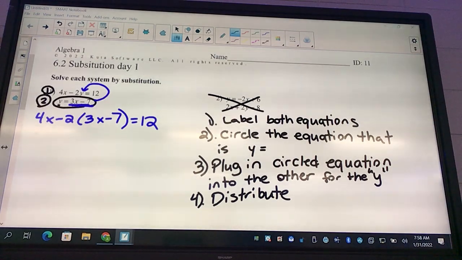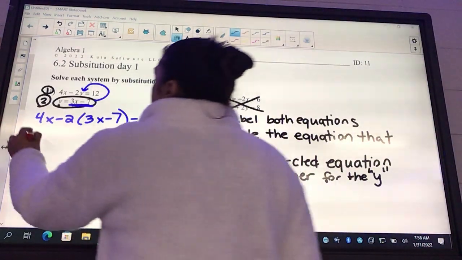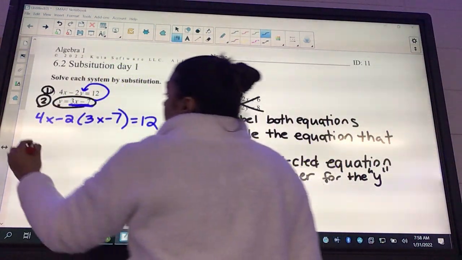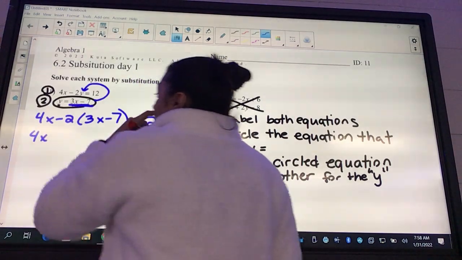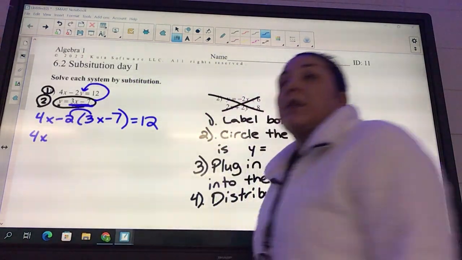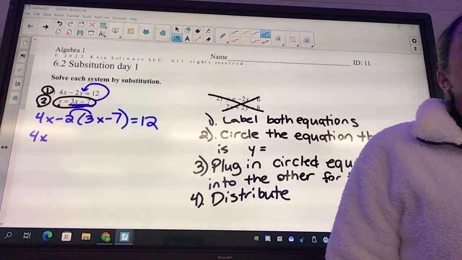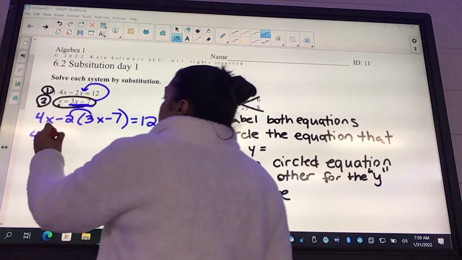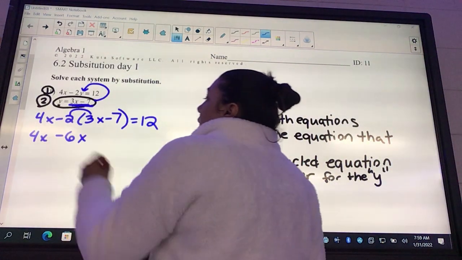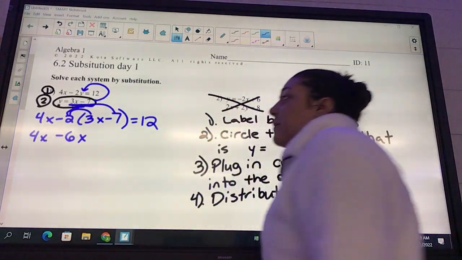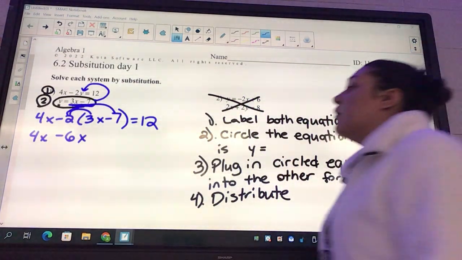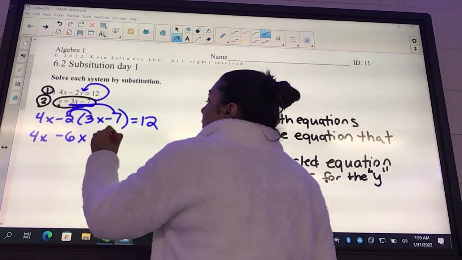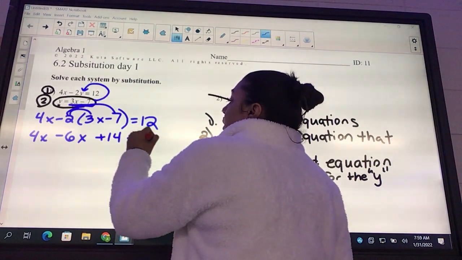So we're going to have 4x, what is negative 2 times 3x? Negative 6x. Negative 2 times negative 7? Positive 14 equals 12.